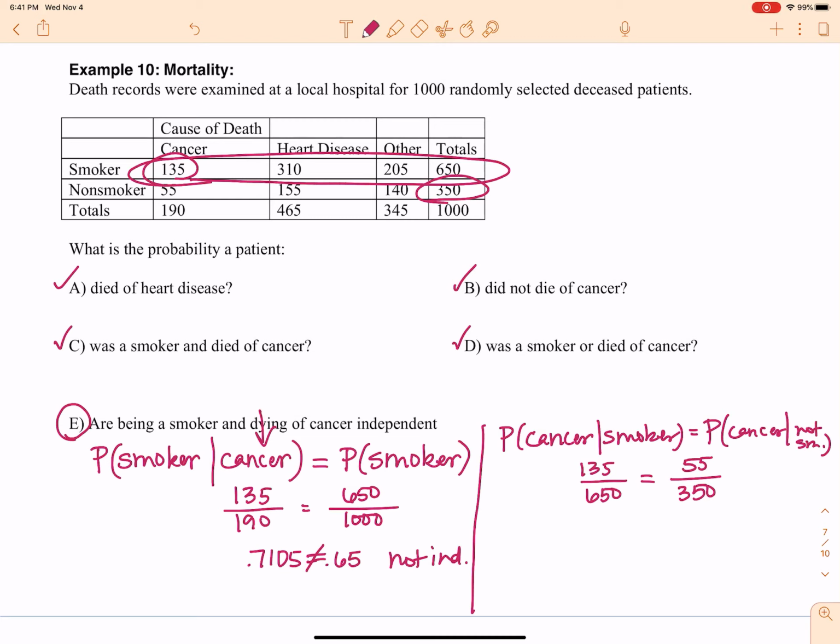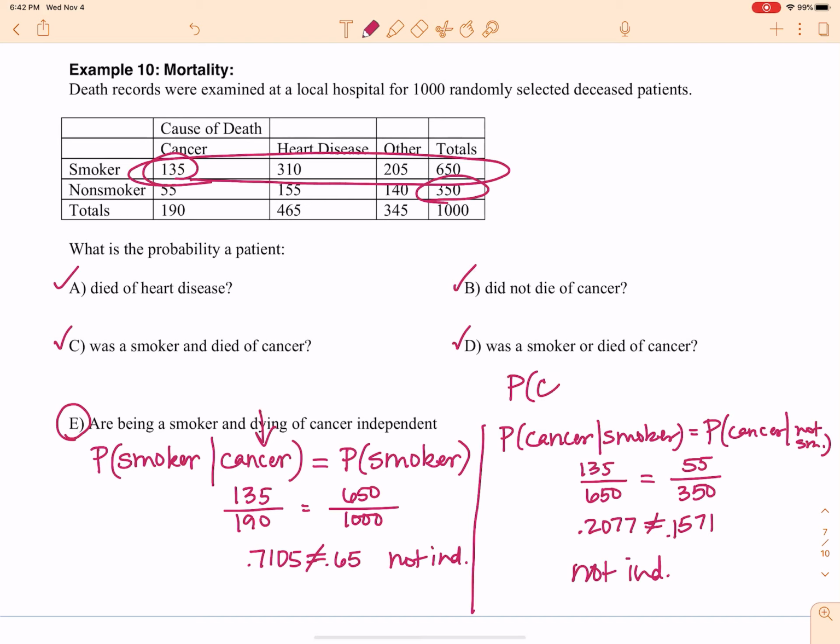Okay, so again, going to get out my handy dandy calculator here. And let's see what we get. Okay, again, these are not equal to each other, so they're not independent. Do I get the same outcome regardless of how I set up the problem? Absolutely. Could you set this up a fourth way? Yes, you could.